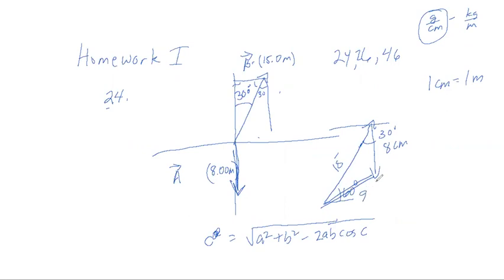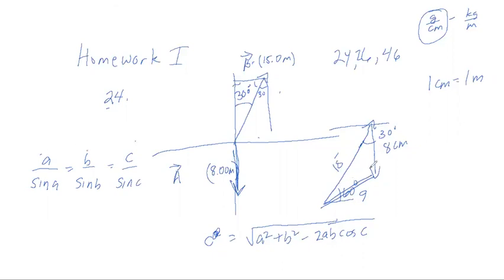Once you have that, you can get the angles using the law of sines, right? So the law of sines says a over sine A equals b over sine B equals c over sine C, where these are the lengths of the sides.